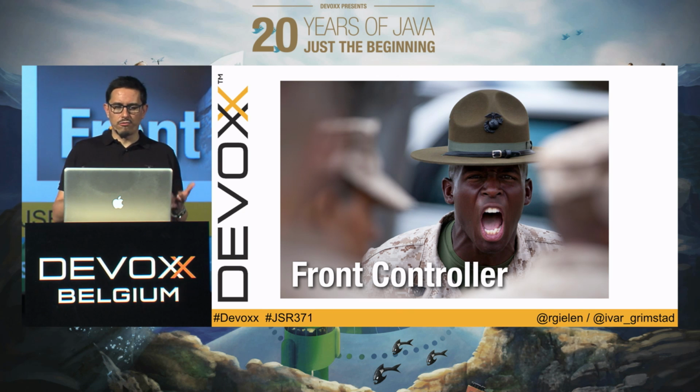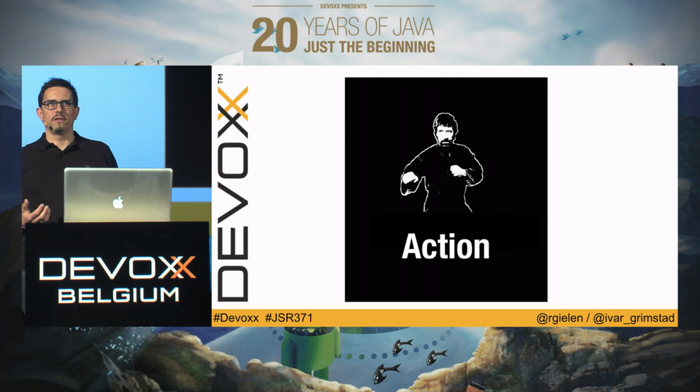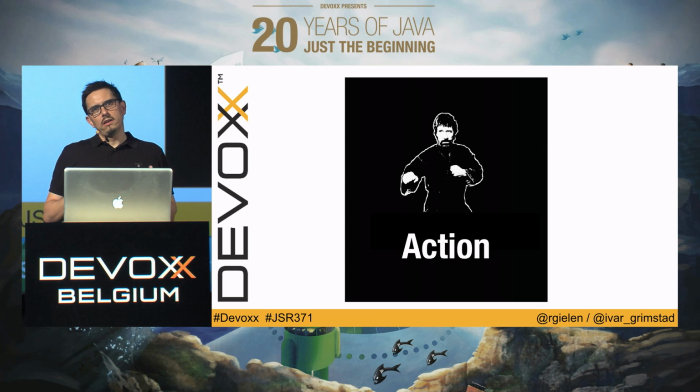And they invented a front controller framework, which then had the idea of having MVC behind it, and they called their opinionated view to these controllers that you would write actions. Since then, this term came up that everyone kept using.